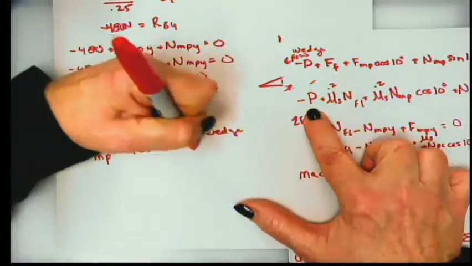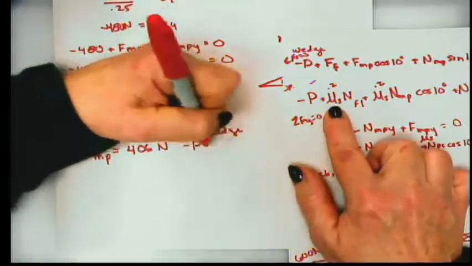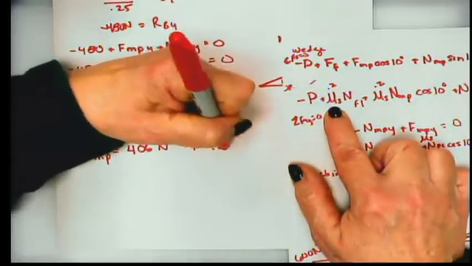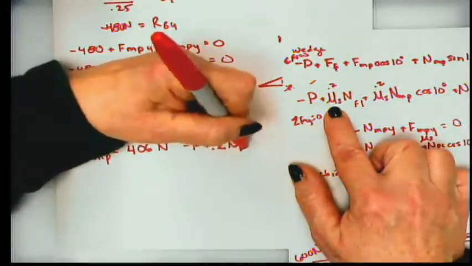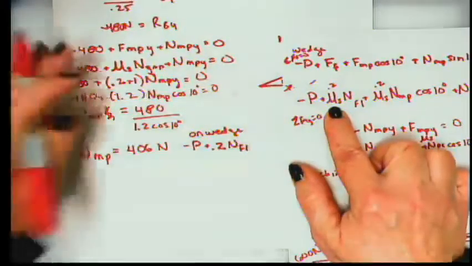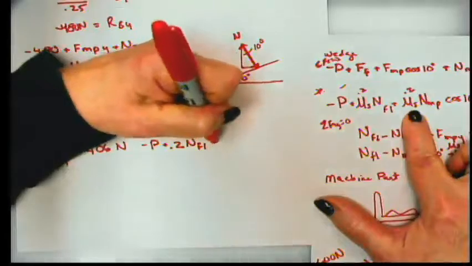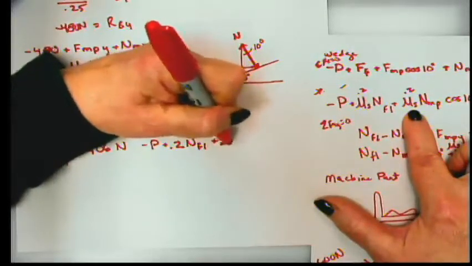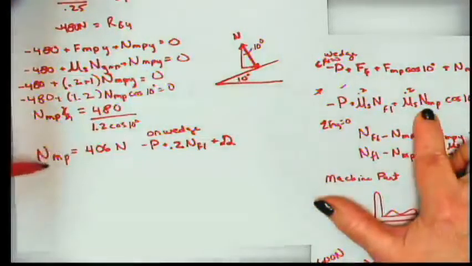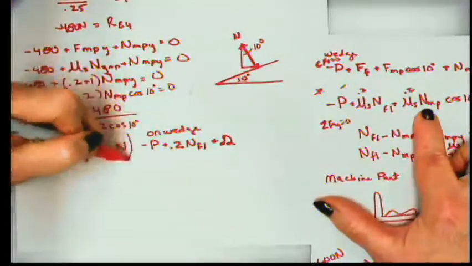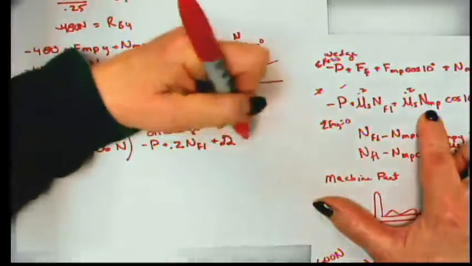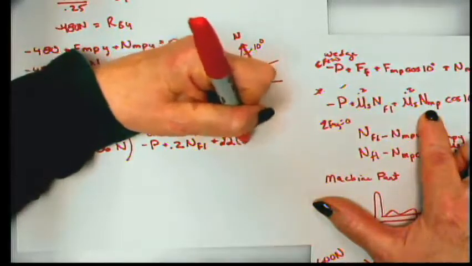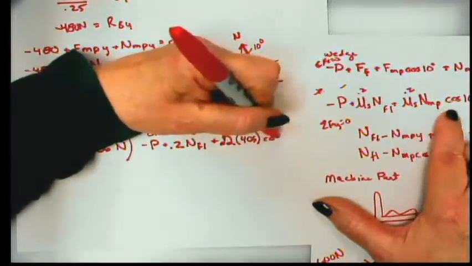We get negative p, which we don't know, plus mu s, which is 0.2, times the normal force between the floor and the wedge, which we don't know, plus mu s, which is 0.2, times the normal force of the machine part, which we now know to be 406 newtons, times cosine of 10.